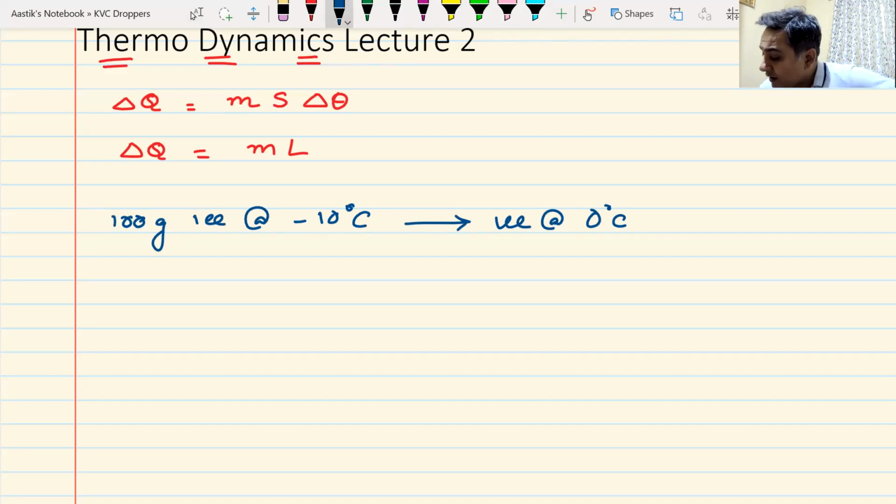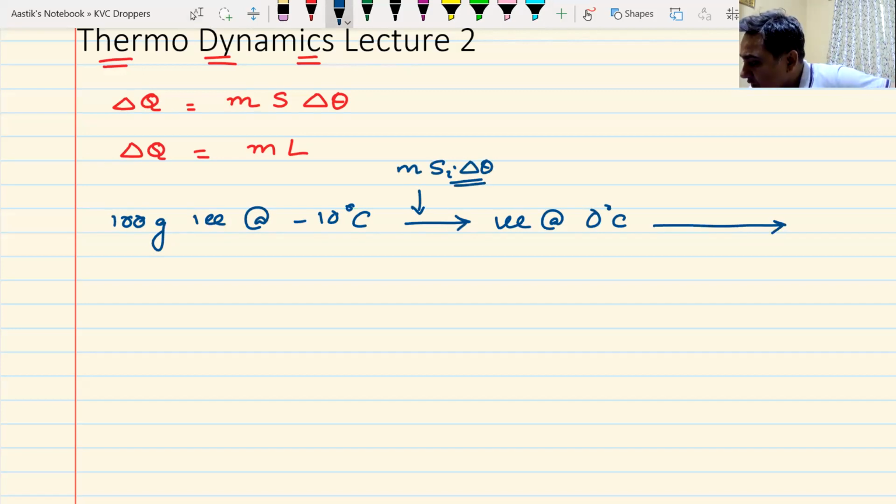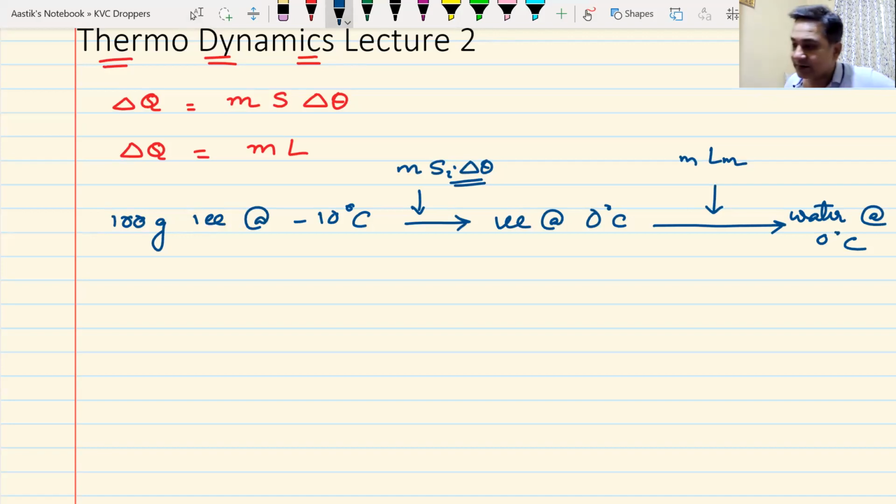For that, I require heat, and the heat in this process is m into specific heat of ice into delta theta. That is my first step. From this first step, I move on to the second step and I convert it to water at 0 degrees Celsius. For that, I require latent heat, m into L, latent heat of melting of ice.